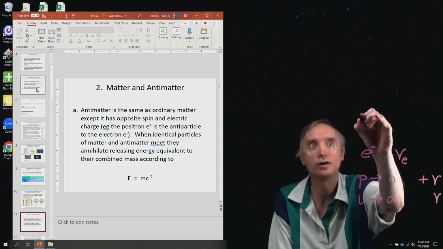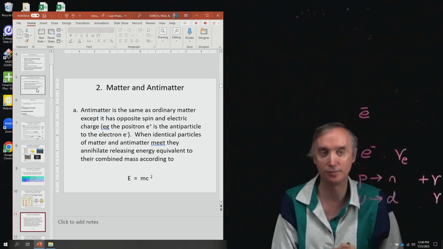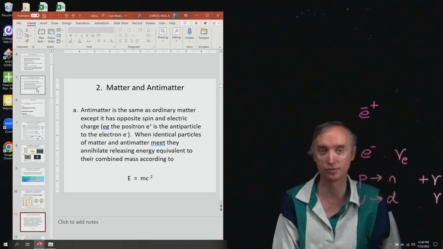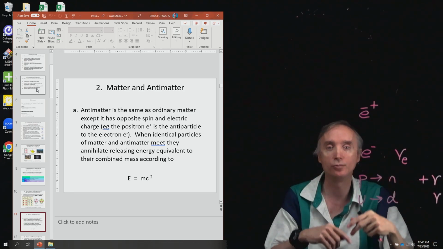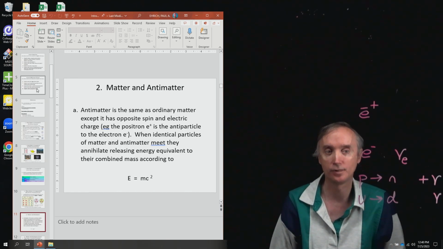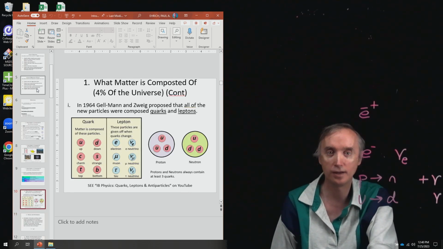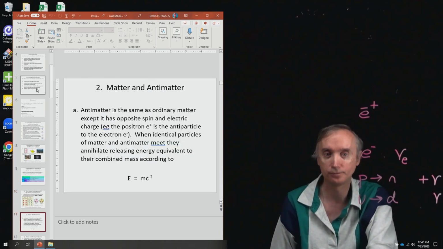But an electron that has a bar over the top of it means it's antimatter, and it would have positive electrical charge. And if those two things were to come together, they would turn into pure energy according to that formula, E equals mc squared. And for all of the quarks and for all of the leptons, they have antiparticles that go with them.